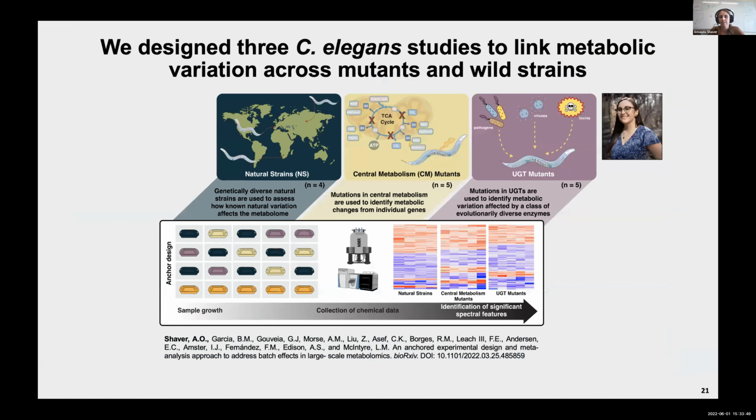So this is work that I have been co-authoring with Brianna Garcia, who's also on this call, where we designed 3 separate C. elegans studies to be able to link metabolic variation across all these different strains. So we had these 3 different groups of natural strains, central metabolism mutants, and UGT mutants that we grew in what we're calling an anchor design, along with anchor samples in a sample growth process that I'll describe in a second, where we then collected various chemical data, both NMR and LCMS data, to ultimately identify our significant spectral features that we wanted to move forward with in our compound identification process.